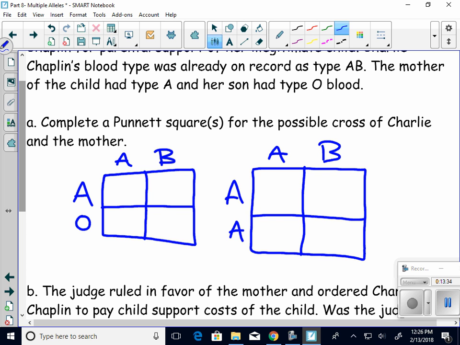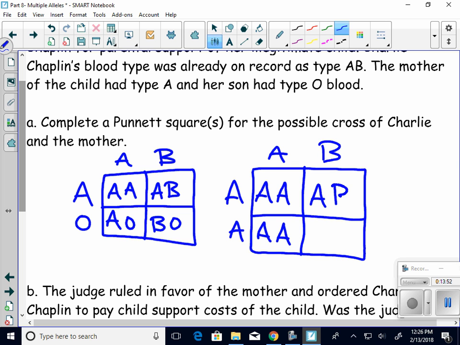Now, if I do the cross, both of these crosses, there's the first one. There's the second one. Would we agree? Did I do my crosses right there?